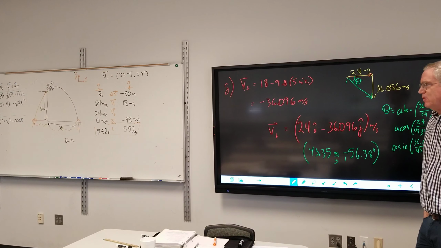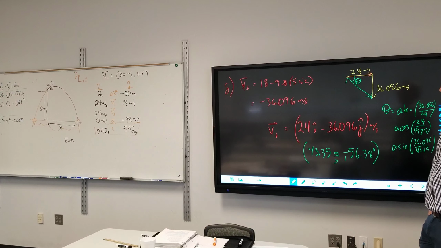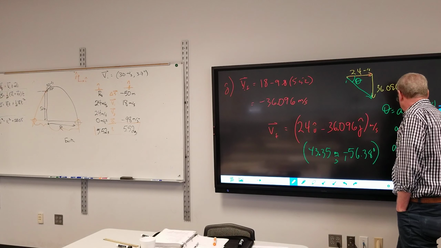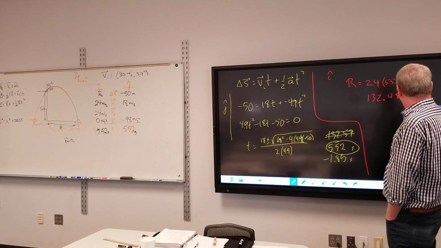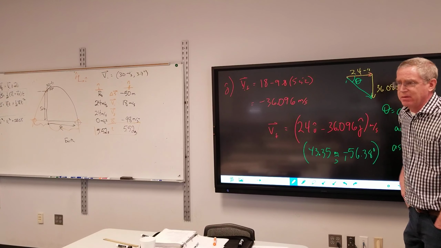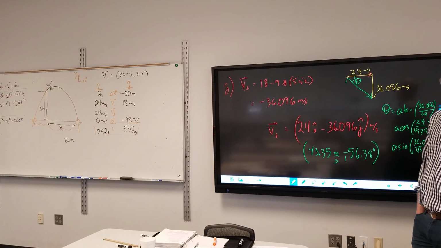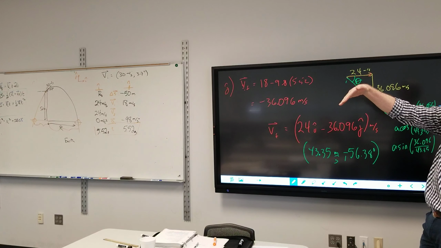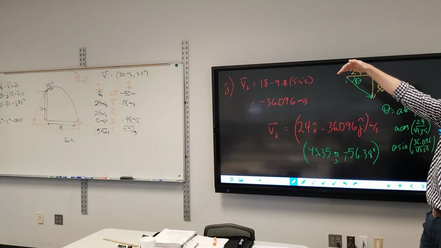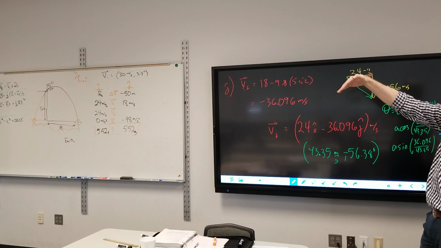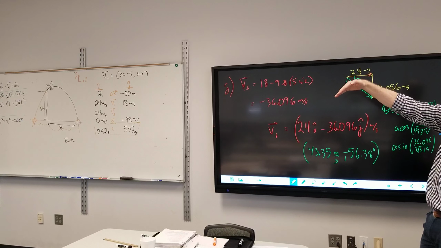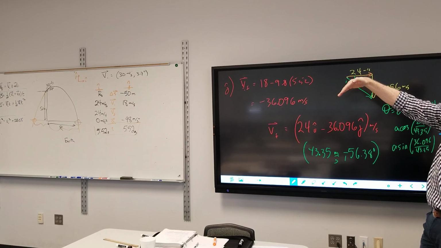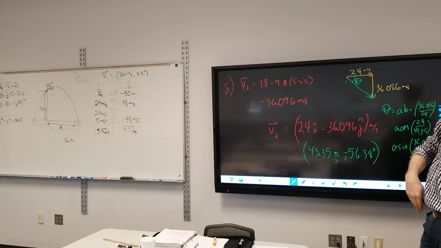If you are at the bottom of a cliff, 132.48 meters from the bottom of the cliff, and you throw the ball back up to the top so that when it hits the top corner, it's going 30 meters per second at an angle of 37 degrees below the horizontal, what is the initial velocity?